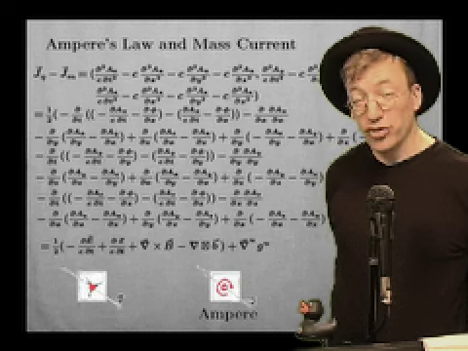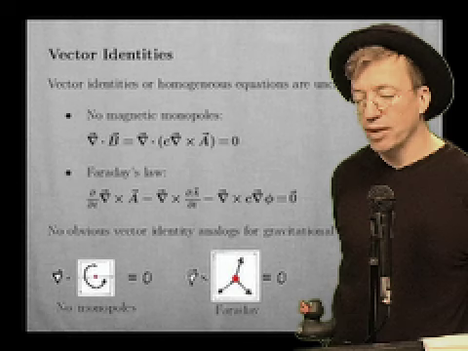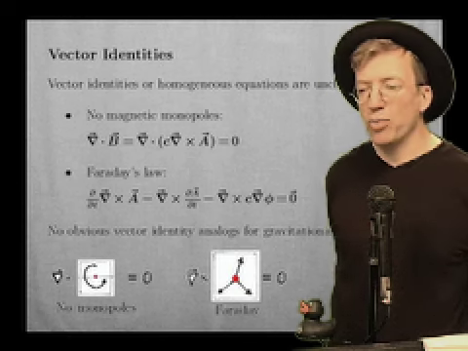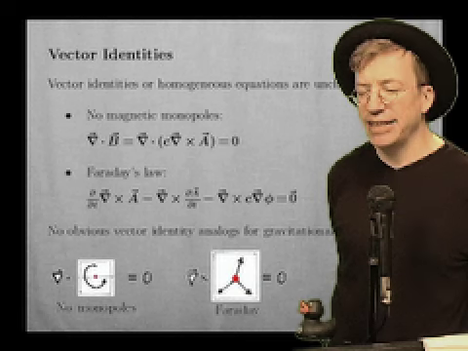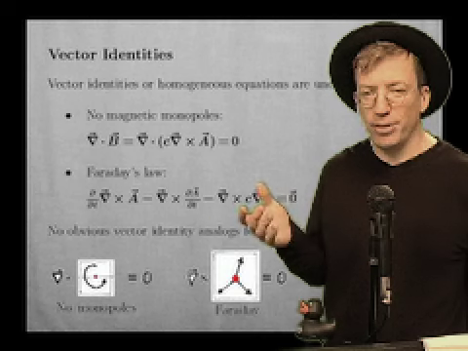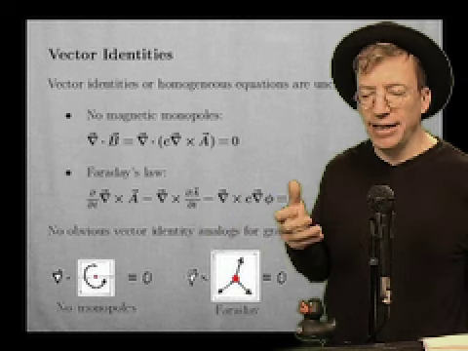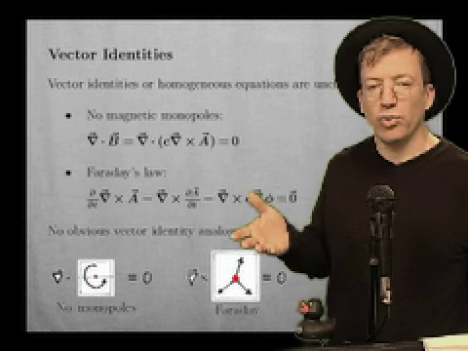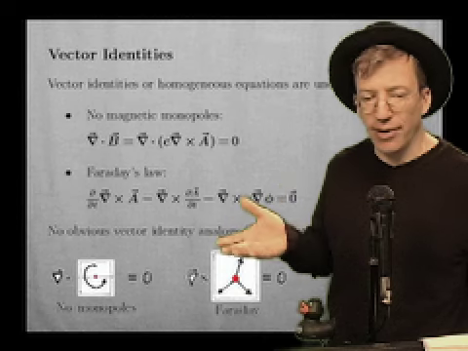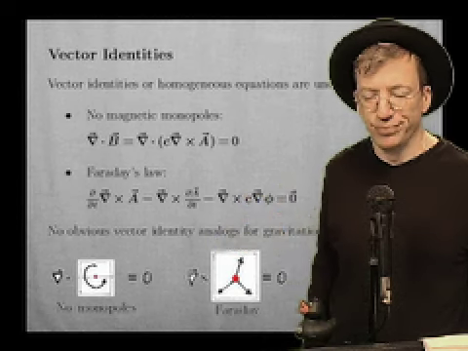Now, let's look at those things called vector identities. Well, as the name implies, they're identities. What that kind of says is that because of the way we define things, we just know they're going to be true. So, because we define the magnetic field in a certain way, we know that it's necessarily the case that there are going to be no magnetic monopoles.